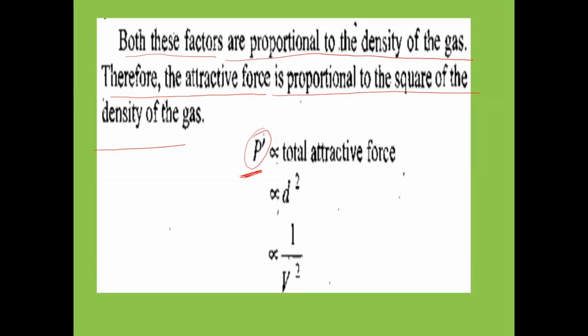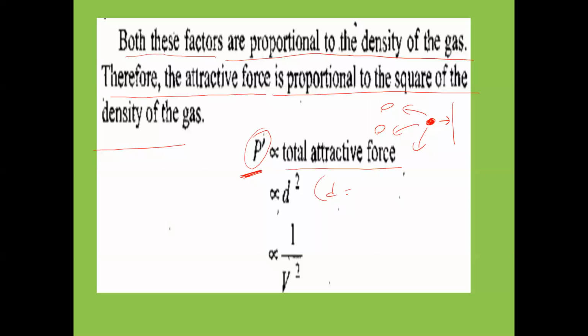Pressure correction is directly proportional to the square of the density. Initially, we have to understand that pressure correction is directly proportional to the total attractive force. It means the given molecule is attracted by many other molecules around it. It is near the wall of the container, so it is exerting pressure on this wall. Now this molecule is experiencing a larger number of attractive forces. That's pressure correction. Next, the pressure correction is directly proportional to the square of the density.